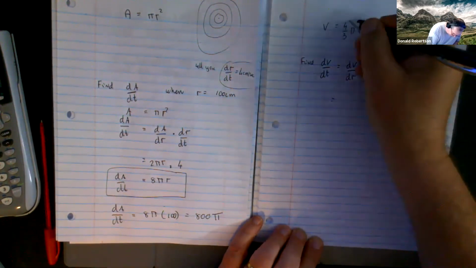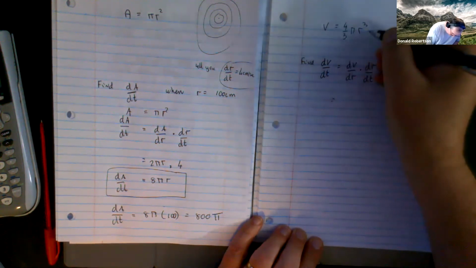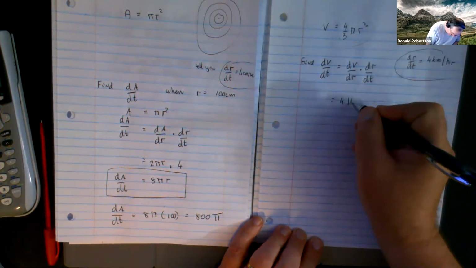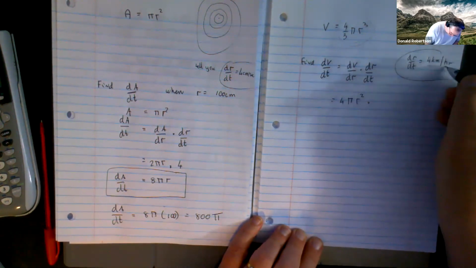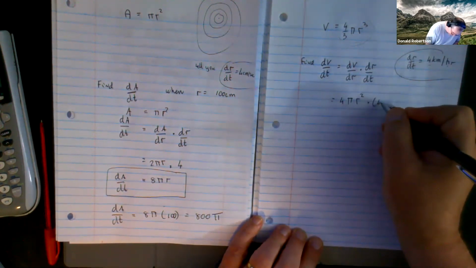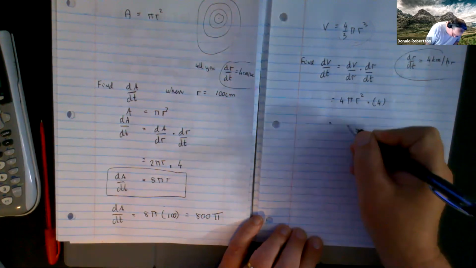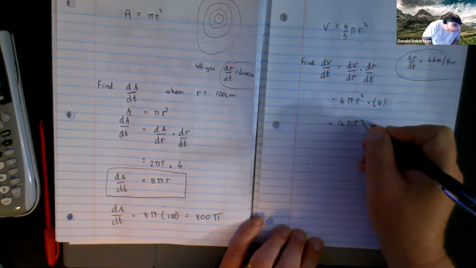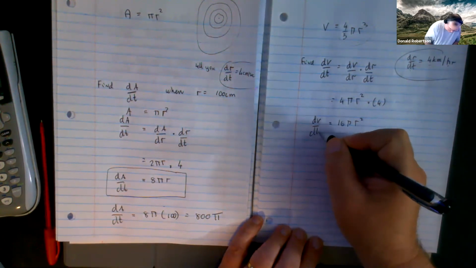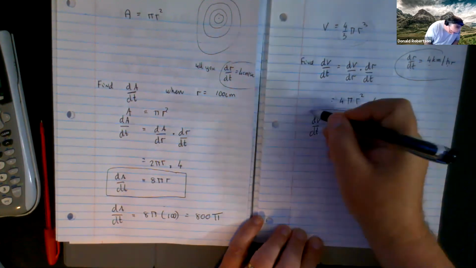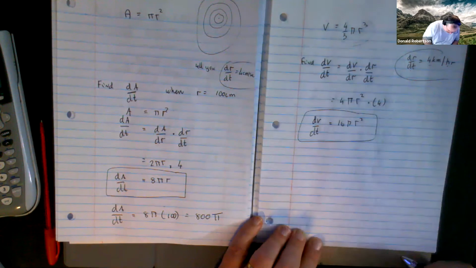And if you differentiate this with respect to r, you get 4 pi r squared. And dr by dt, in this case, is a fixed number, you get this. And so if the question was just find the rate of change of volume with time, you could write that formula down.